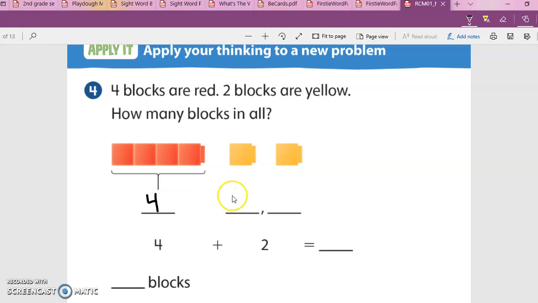So we say 4, 5, 6. So our equation is 4 plus 2 equals what? 6, right? And then we always label our answer. So it is 6 blocks. How many blocks in all? Our answer is 6 blocks.